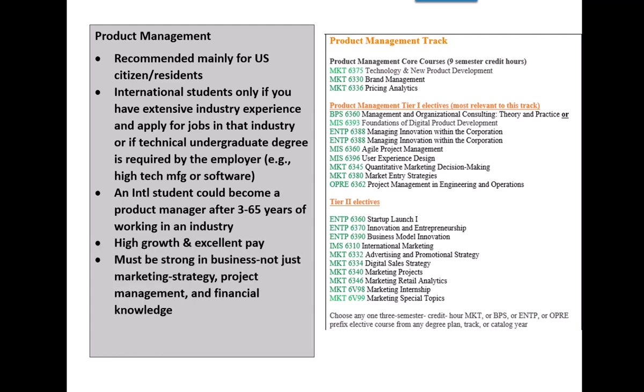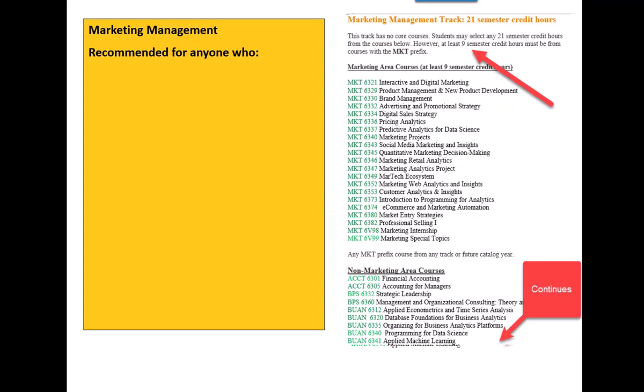High growth, excellent pay. Again, you must also be strong in business here, not just marketing, but things like strategy, project management, and also some financial knowledge like profit and loss. So, this is an area too, if you don't have it, you may want to consider taking a course in finance or self-study in that area.